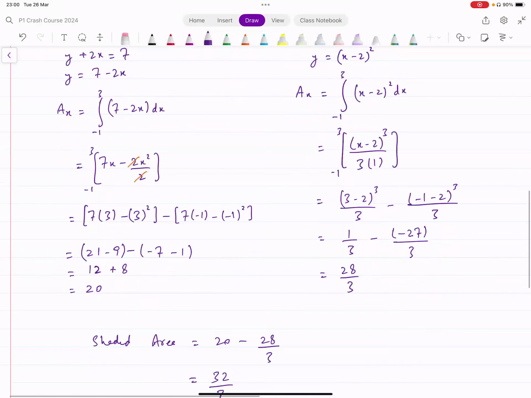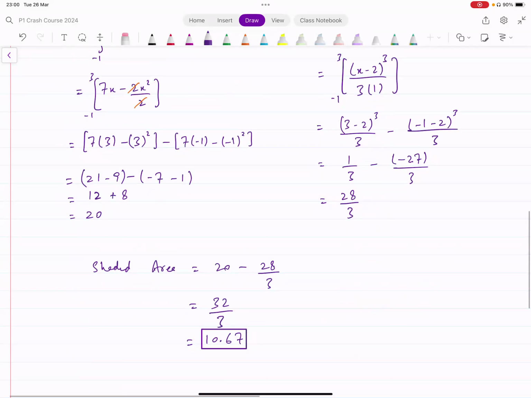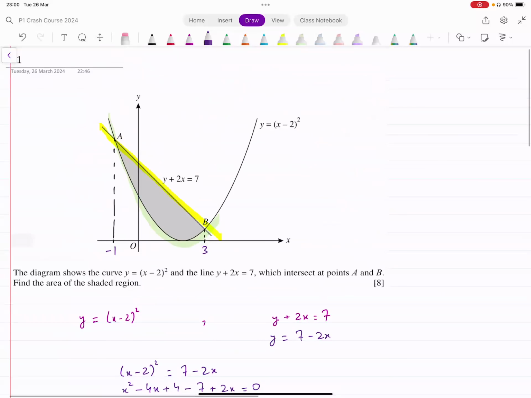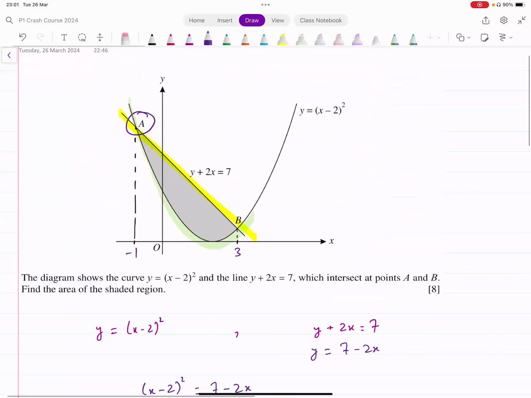Sir, can you tell the y coordinate of x when x is -1? We don't need that. You're saying y coordinate when x is -1. Why do we need that?